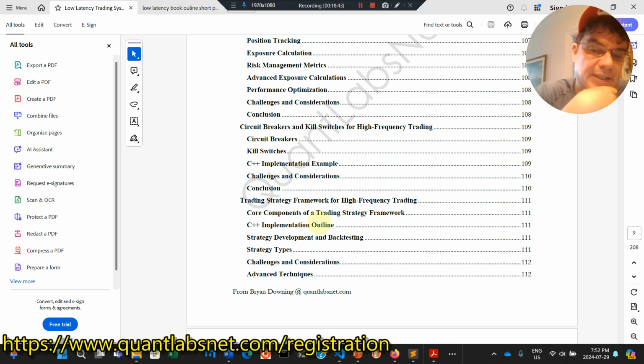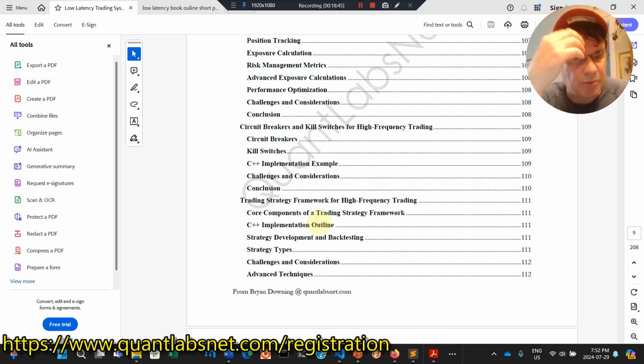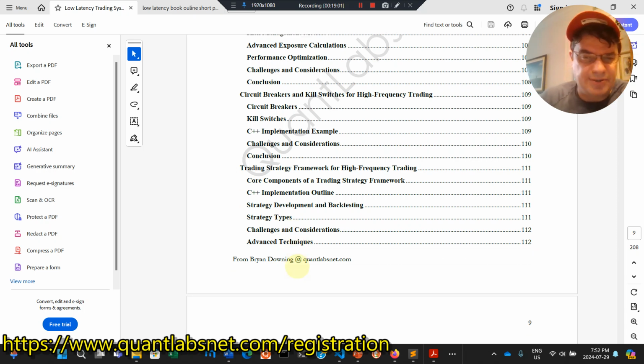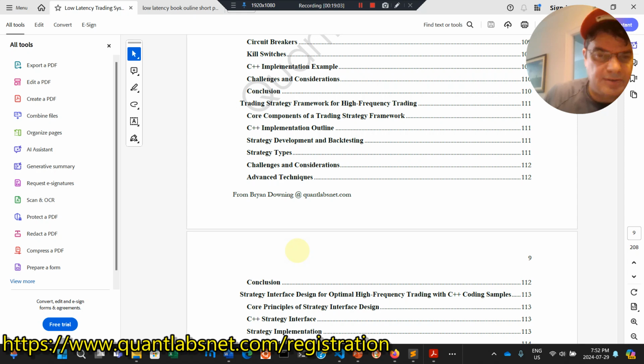It's not as complicated as you may think, but that's where the quant techniques come in. So you'll need to build some kind of core component trading system framework, implementation outline, development and the back testing of it, the strategy type, challenges and considerations, and some advanced topics.